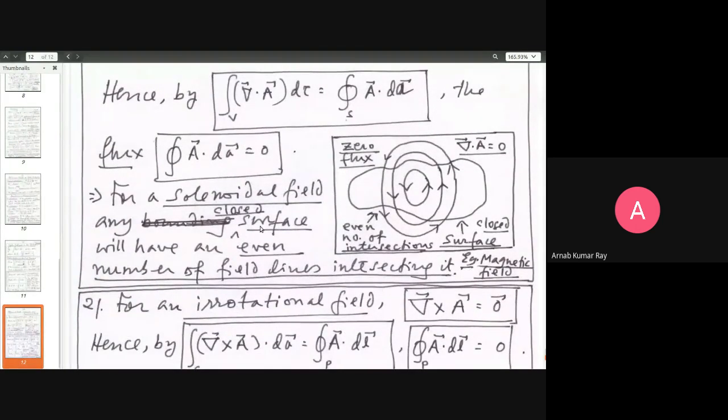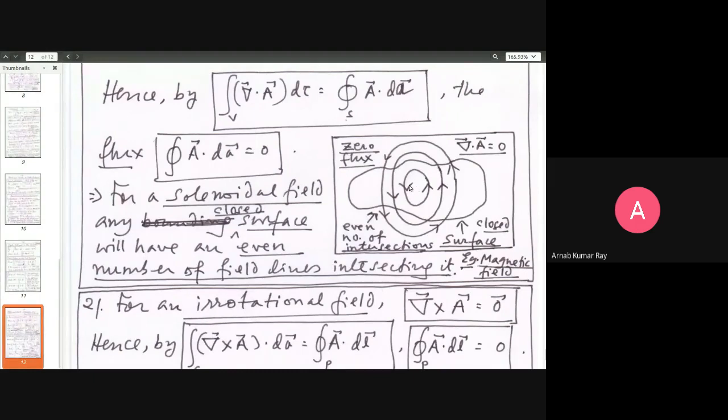So here I have written something. Let me first read it out, and then we shall look at its explanation. For a solenoidal field, any closed surface will have an even number of field lines intersecting it. Here you have the closed surface, and the solenoidal field lines are like this.